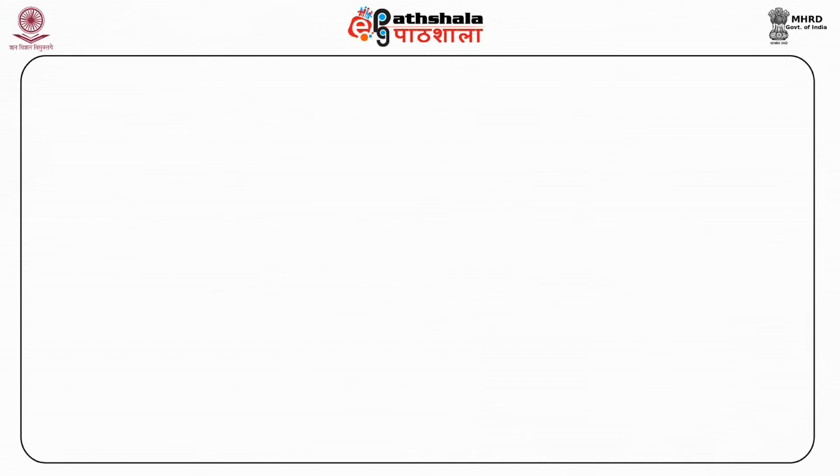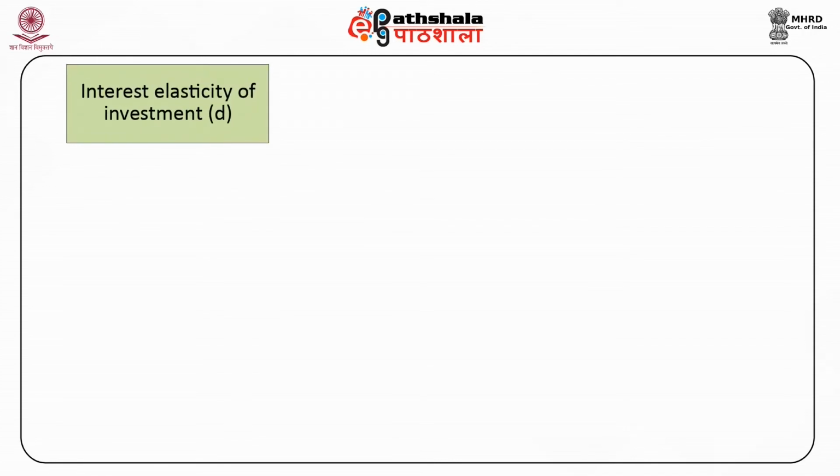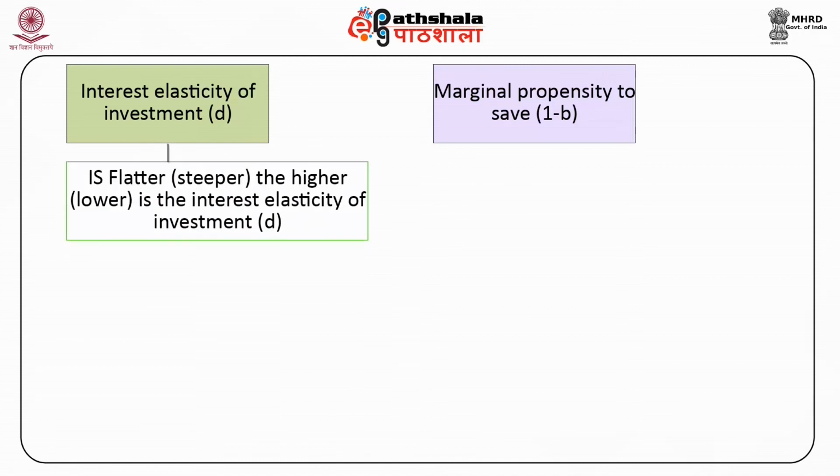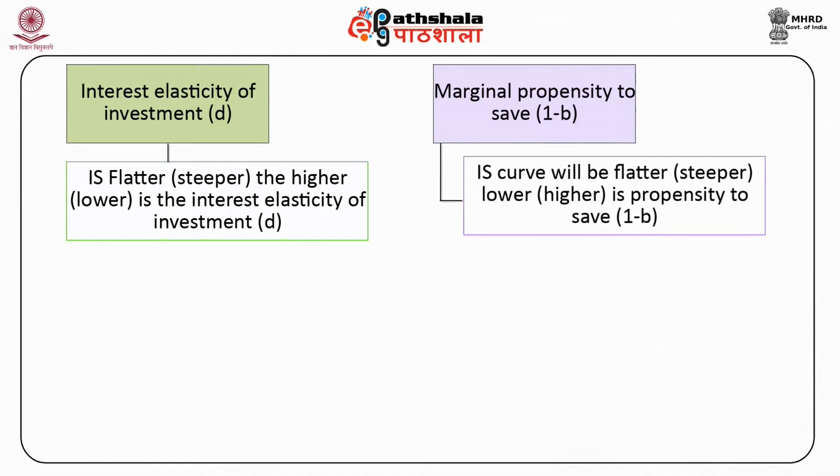The slope of the IS curve depends on two things: the interest elasticity of investment D and the marginal propensity to save 1 minus B. The IS curve will be flatter or steeper the higher or lower is the interest elasticity of investment D and or the lower or higher is the propensity to save 1 minus B.